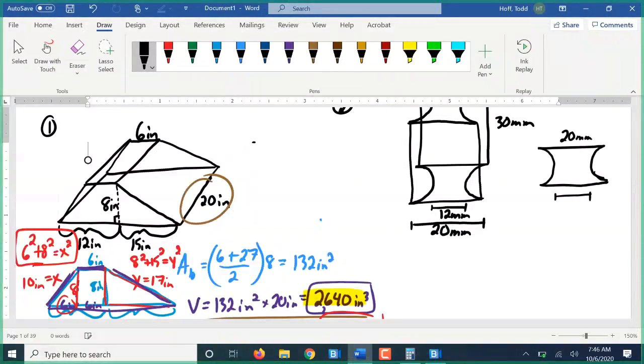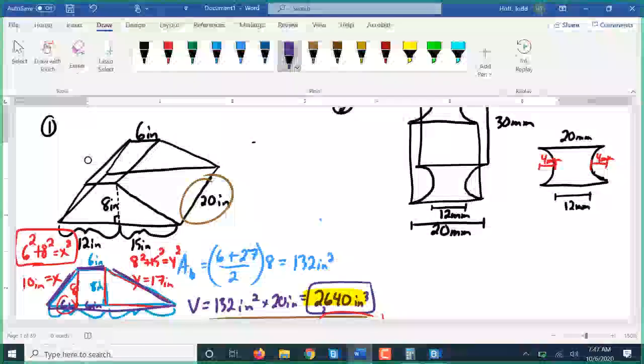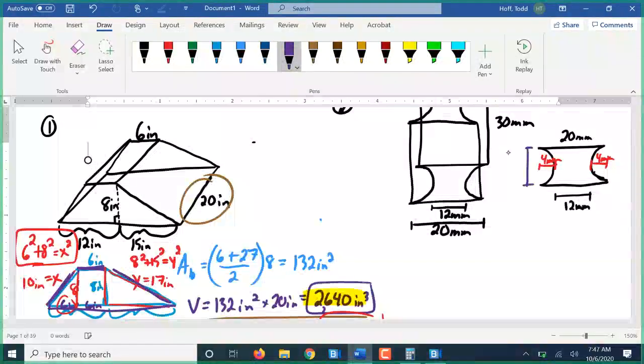To find the width of that rectangle, we're given that it's 12 millimeters from arc to arc, so from here to here, which means the difference between 20 and 12 is 8, and that has to be split evenly, 4 millimeters on either side. So those circles each have a radius of 4 millimeters, which makes this diameter 8 millimeters.